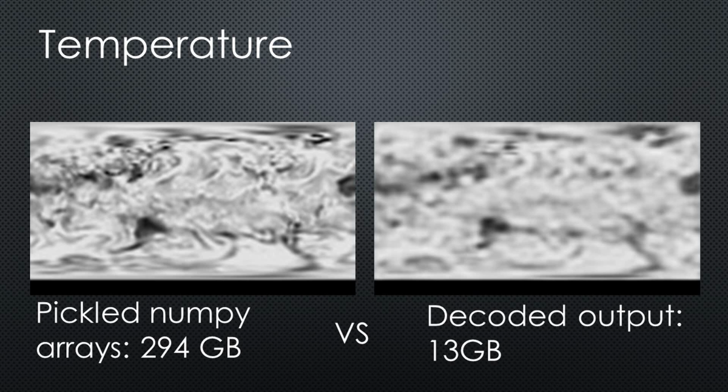With that said, the original NumPy data was 294 gigabytes. The auto-encoded output for that full set is 13 gigabytes. So it's about 4% the size, or over a 20-to-1 compression ratio that we're getting on this. And that allows us to load the full training set into memory moving forward.